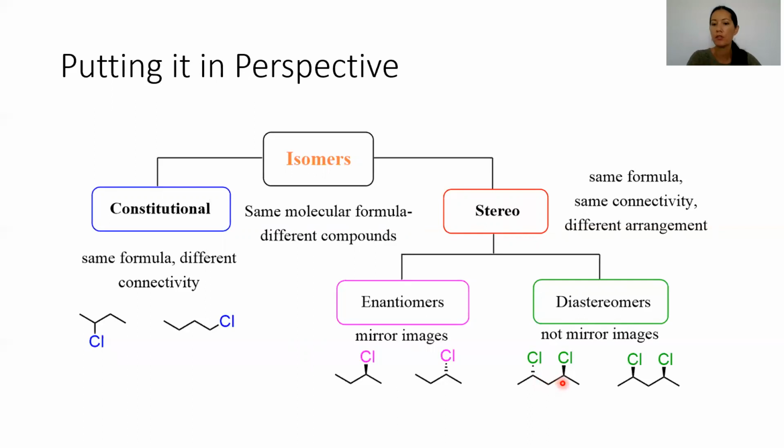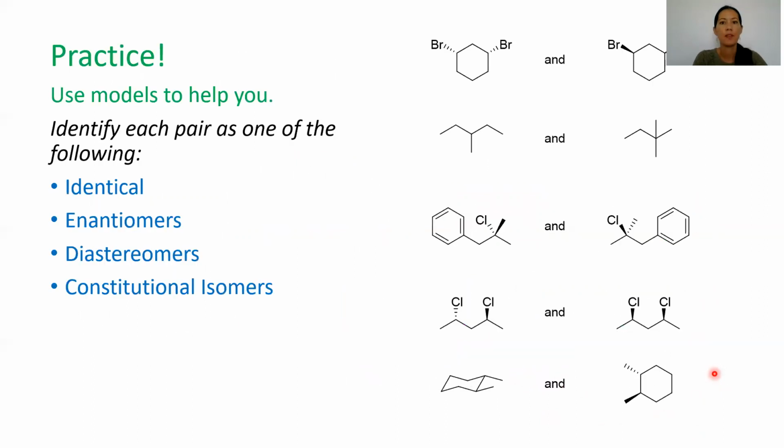Overall, the molecule is chiral, and the trick is seeing that maybe one of 2 stereocenters is inverted, but not both. The other thing I want to throw out there is cis or trans or E or Z. Where does that fall? They have the same connectivity, but a different arrangement. They're not mirror images, so they actually fall in the diastereomer category.